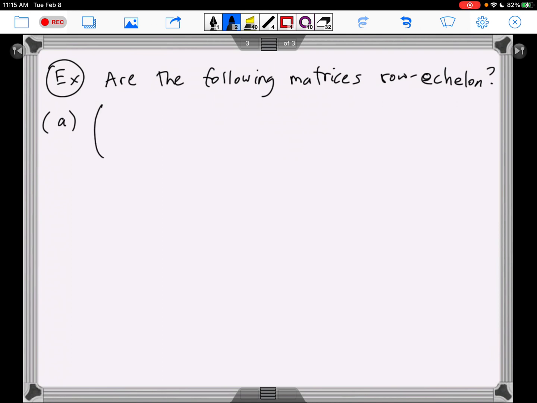First matrix, 1, 0, 0, negative 8, 1, 0, negative 3, 5, 0, 7, 9, 1. Is this matrix row echelon? The answer is yes, right? It meets all 3 conditions.